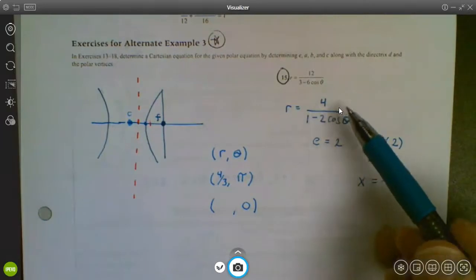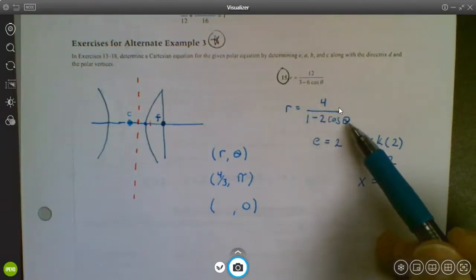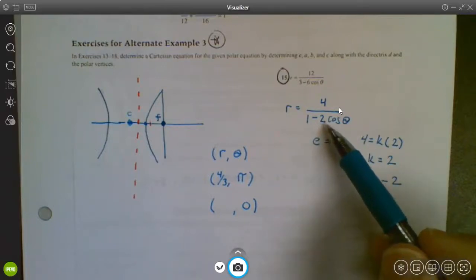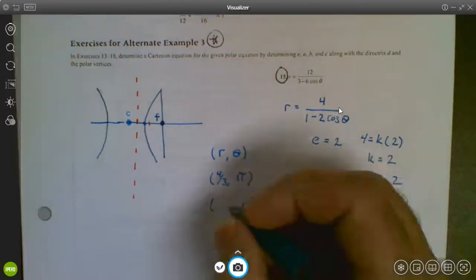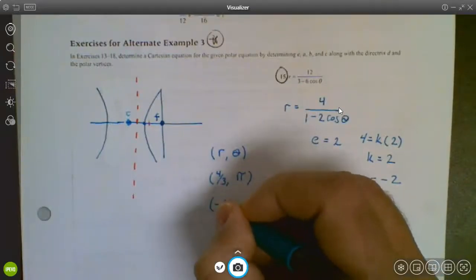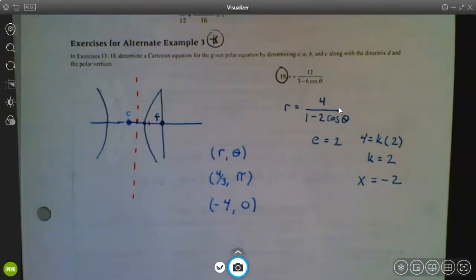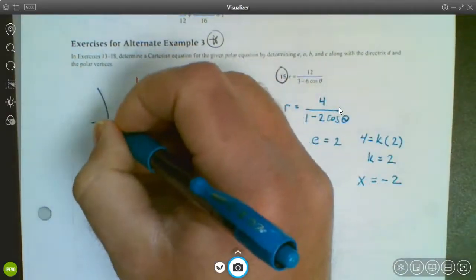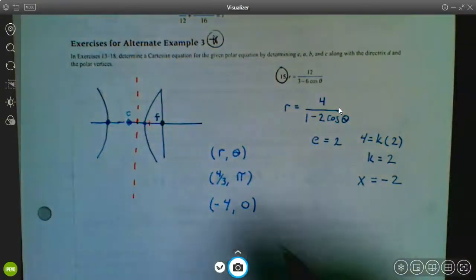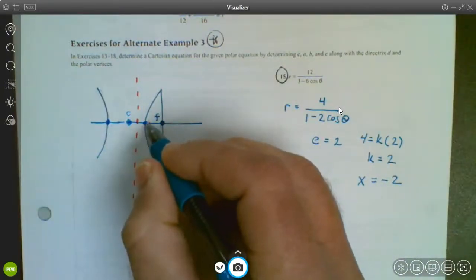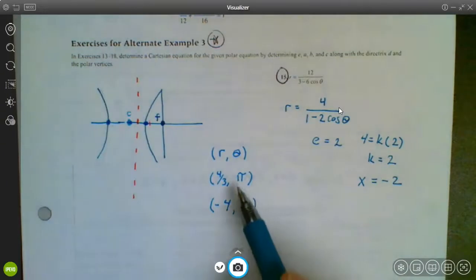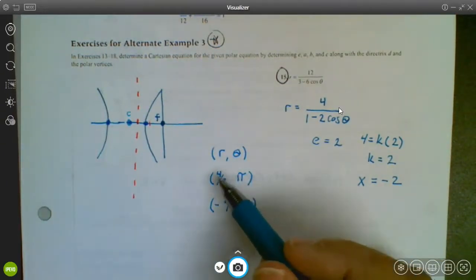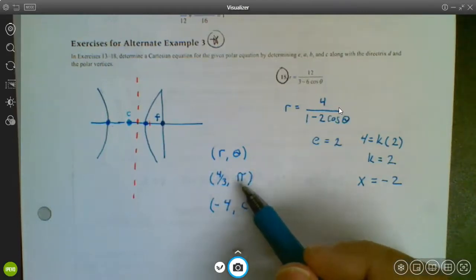So if I plug in 0 into theta right there, cosine of 0 is 1, so 1 minus 2 is negative 1. 4 divided by negative 1 is negative 4. Okay. So there's our 2 vertices. This one was negative 4, 0, and this one right there is at 4/3, pi. Now do keep in mind, this is in terms of a radius and an angle that we traveled.